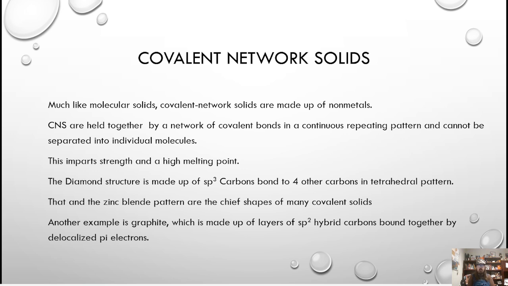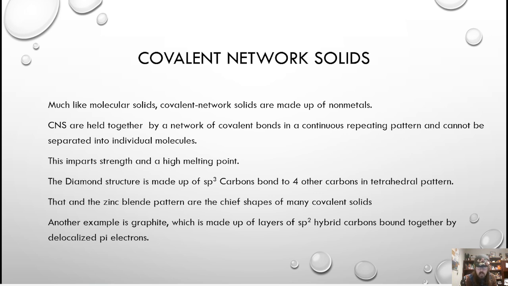Because of this, it usually imparts a very high strength and a very high melting point. So the diamond structure, for example, is made up of all carbon, but the carbons are in a tetrahedral pattern of sp3 hybridized carbons bound to 4 other carbons around them.